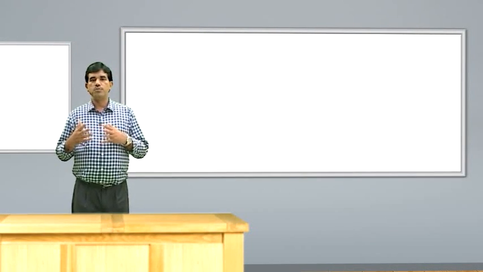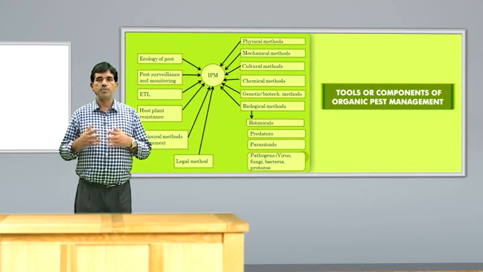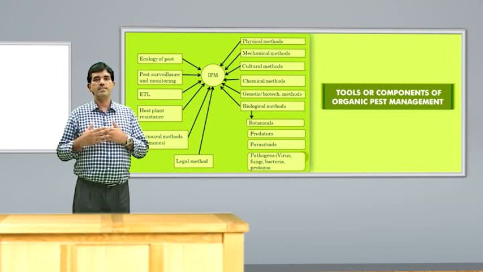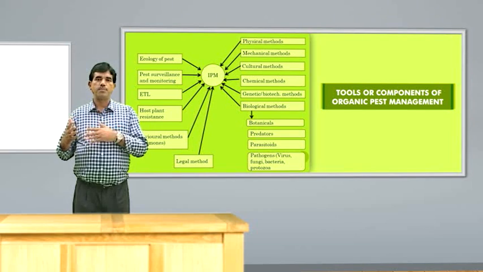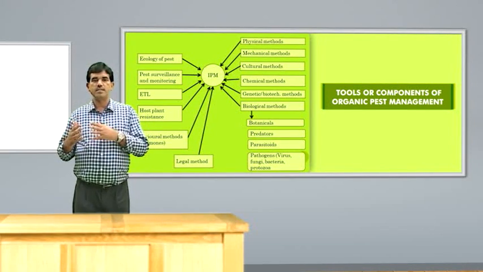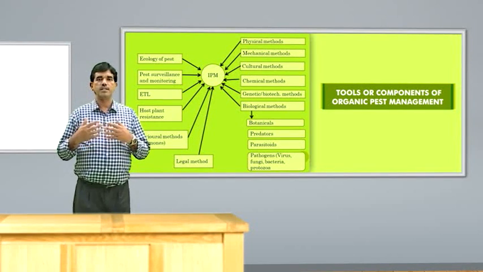Now there are different tools or components of integrated pest management like ecology of the pest, pest surveillance and monitoring, and ETL, that is economic threshold level. It is the level of pest population or damage caused by the pest. When it exceeds the cost of controlling the pest, it becomes your economic threshold level.